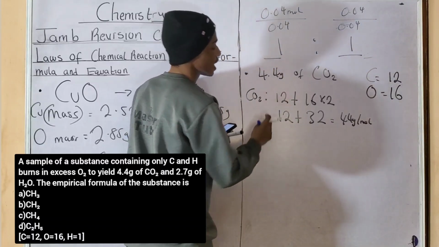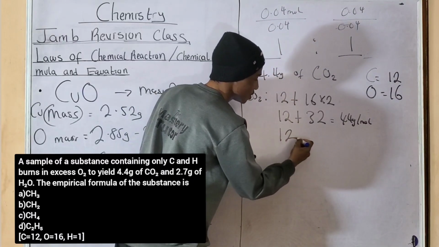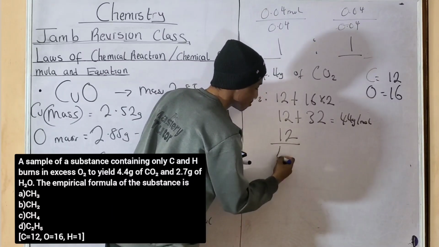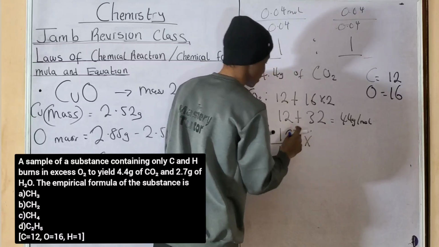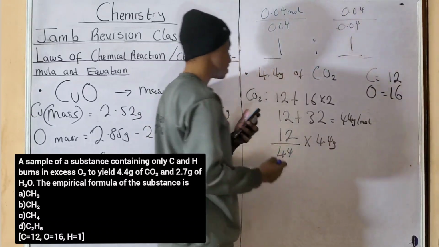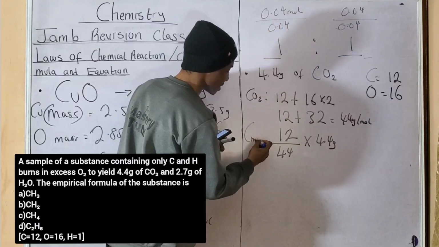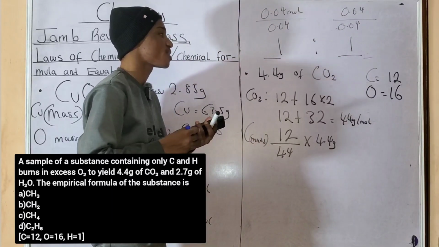So the mass of carbon will be the atomic mass of carbon, which is 12, over the molar mass, which is 44, multiplied by the mass. So I'm going to have 12 divided by 44 times 4.4 gram. That will be the mass of carbon present in 4.4 gram of CO2.